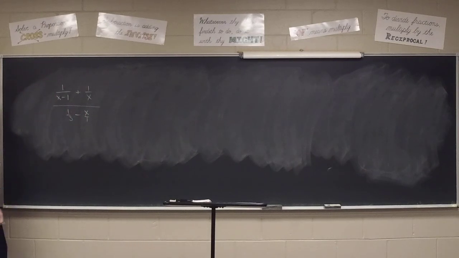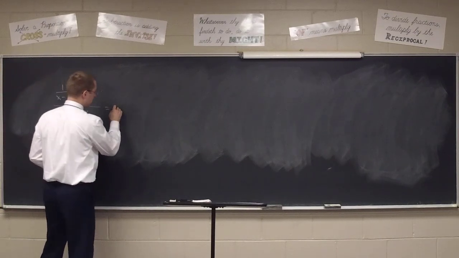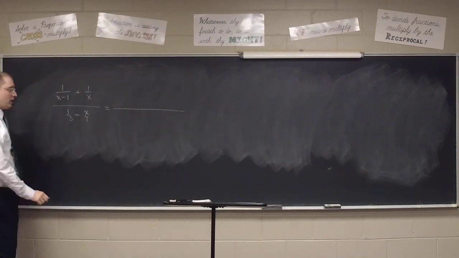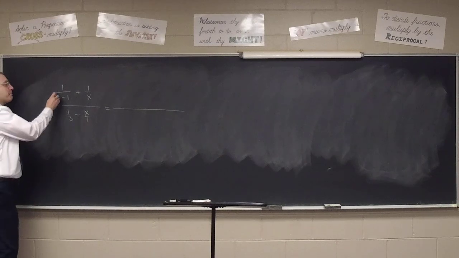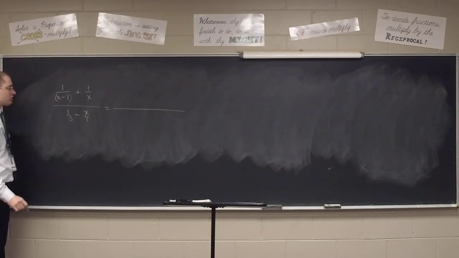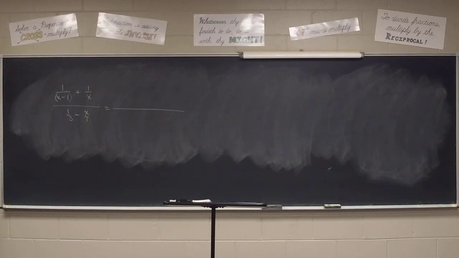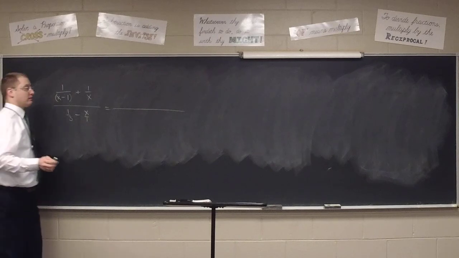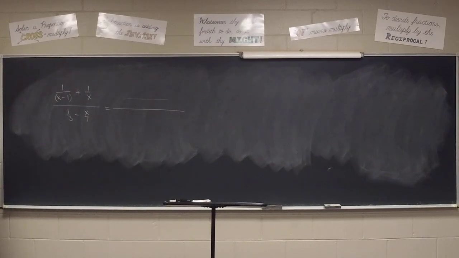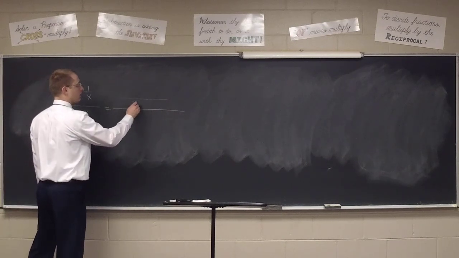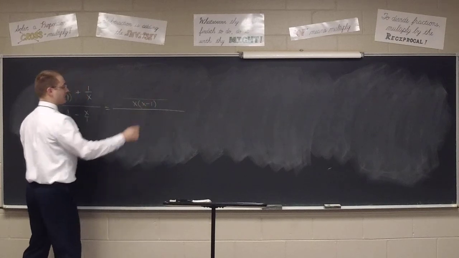All right. So, let's draw our long fraction bar. And then any polynomials, you still want to factor or group them. Let me say that again. Polynomials, let's still factor or group them. So, Brecken, in the numerator, we draw a fraction bar. What goes under it? X times the quantity x minus 1.